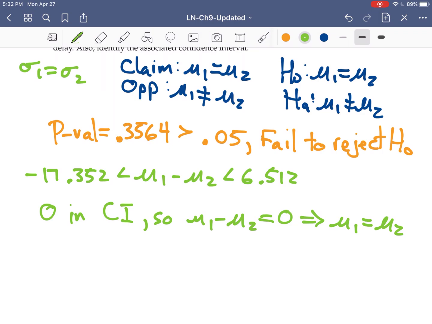So mu1 minus mu2 equals 0, that the two means are the same, is reasonable. We can't reject the null.